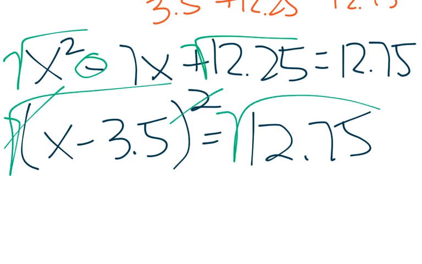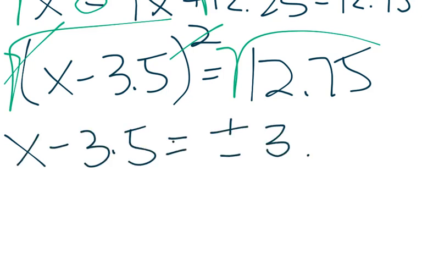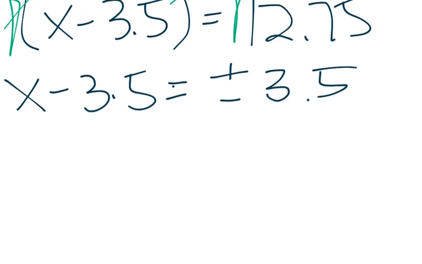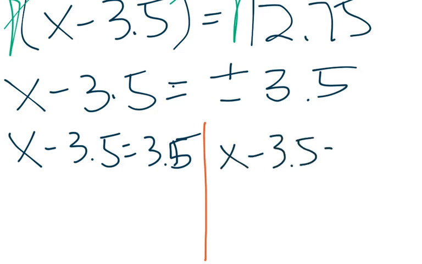So this cancels this out, so we have x minus 3.5 equals positive or negative 3.5, because that's the square root of 12.75. So we're going to solve for each of these separately. We have x minus 3.5 equals 3.5, or x minus 3.5 equals negative 3.5.